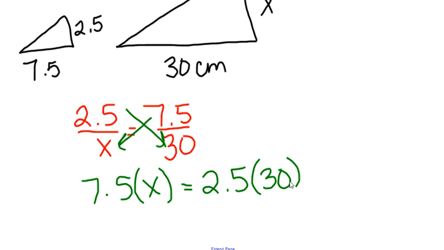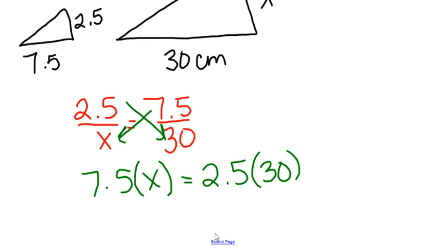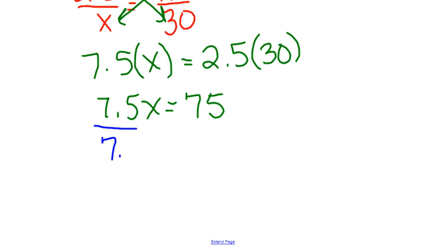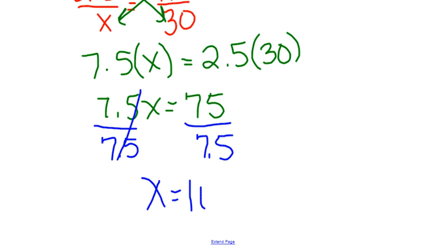Now we're going to start multiplying this out. So 7.5x equals 75. And then our variable x is being multiplied by 7.5, so let's divide by 7.5 on both sides. So x is going to equal 10 centimeters.